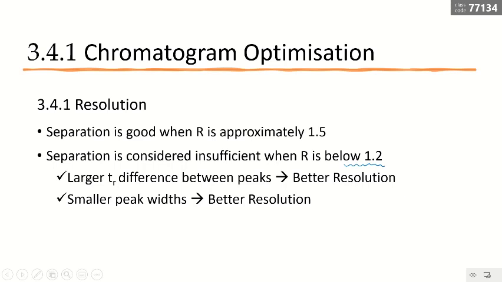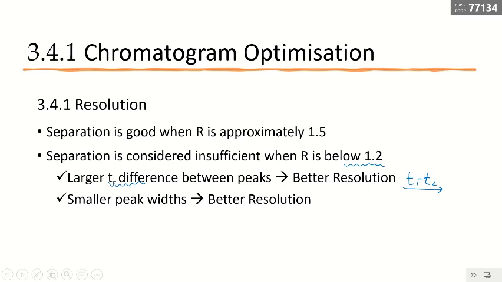So now we roughly know what is called a good separation. But in order to make this R higher than 1.5, or roughly no worse than 1.2, we want this retention time difference, the T1 minus T2, to be larger. It means the two peaks are further away, not just next to each other, overlapping. That will give us a better resolution.